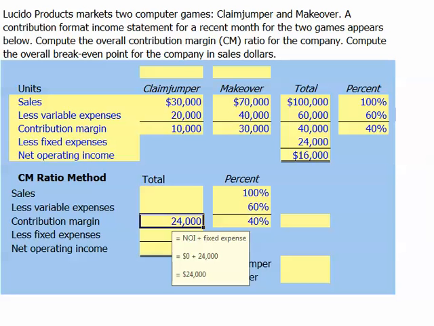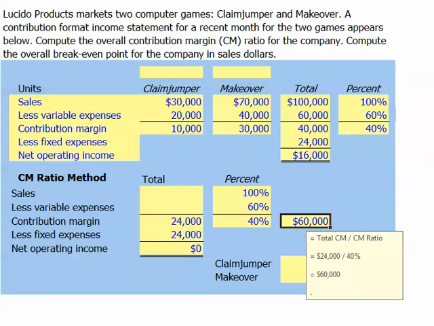That's our zero net operating income plus our $24,000 in fixed expense. This means our break-even level of sales for our total company is $60,000 given our current sales mix. We calculate this by taking our $24,000 required contribution margin divided by our current company-wide contribution margin ratio of 40%.